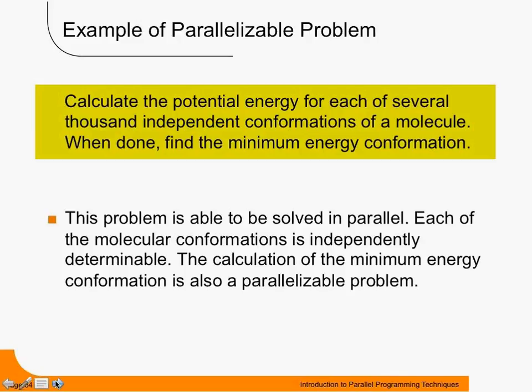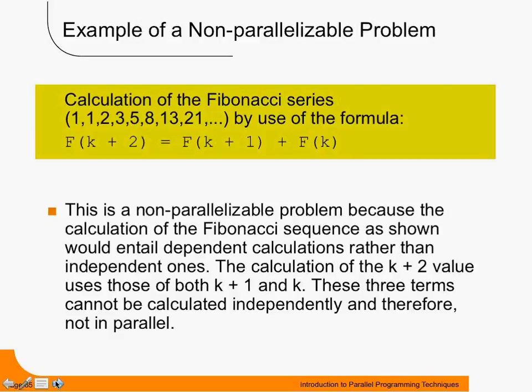When I have thousands of data items, I have a parallel sorting algorithm that can run on multiple cores. Now, for a problem like calculating the Fibonacci series, this is hard to parallelize because each term is dependent on the previous one.